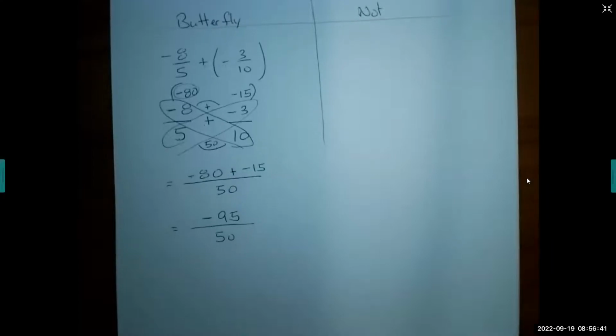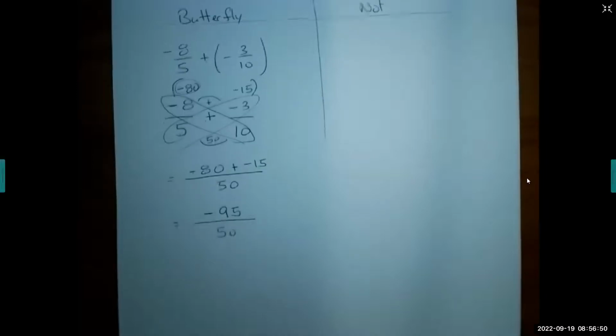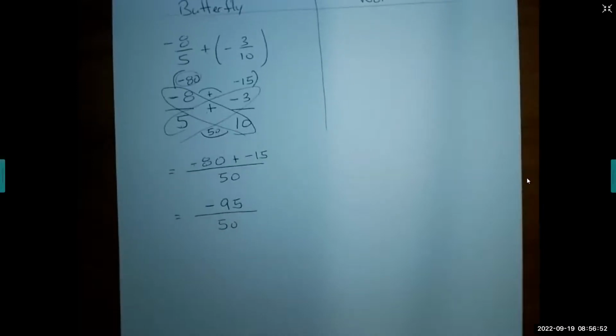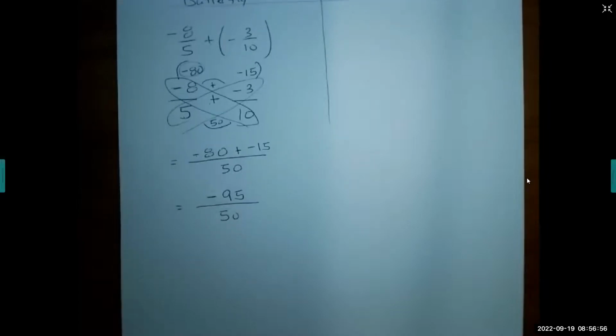What do we do next? You have to simplify. This is now where it's iffy on which method you do. You could simplify this. What kind of fraction is this?